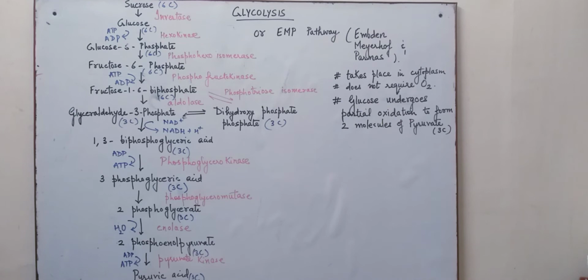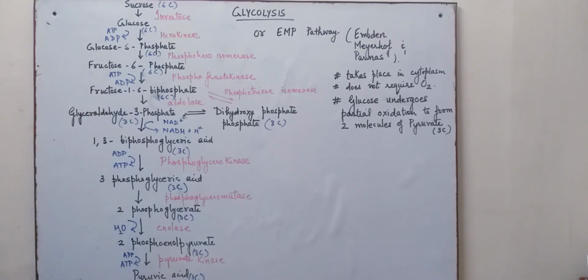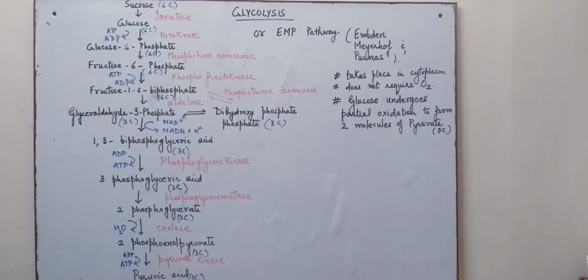Now first let us talk about glycolysis. This was just an introduction part. Glycolysis is actually a series of closely related reactions, in which a hexose, that is normally glucose we are talking of, breaks down, and the steps of glycolysis are also known as the Embden-Meyerhof-Parnas pathway or EMP pathway, because of the scientists who traced these processes.